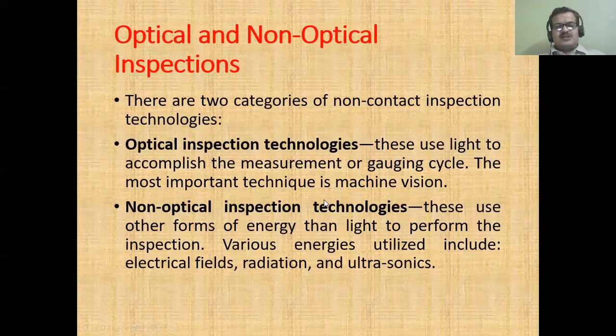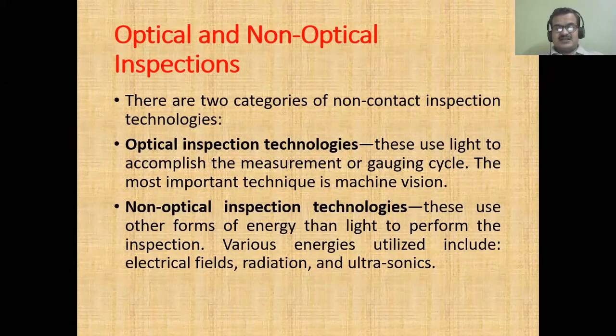Then non-optical inspection technologies: these use other forms of energy than light to perform the inspection. You have learned many techniques to inspect casting defects also. In inspecting castings, you have used various techniques, right? You have X-rays, the radiation technique.